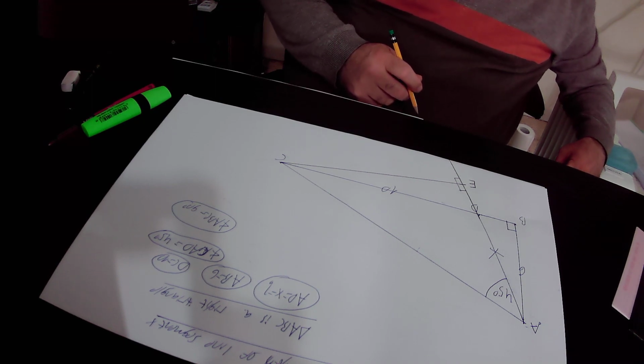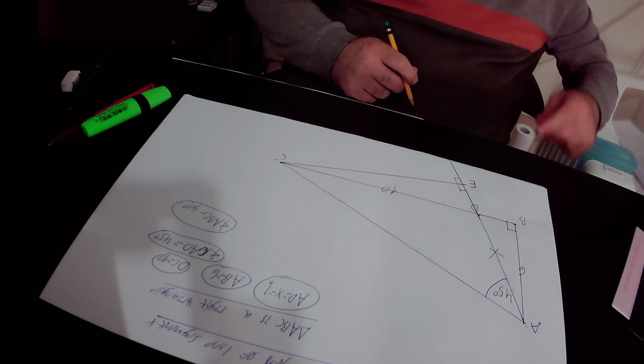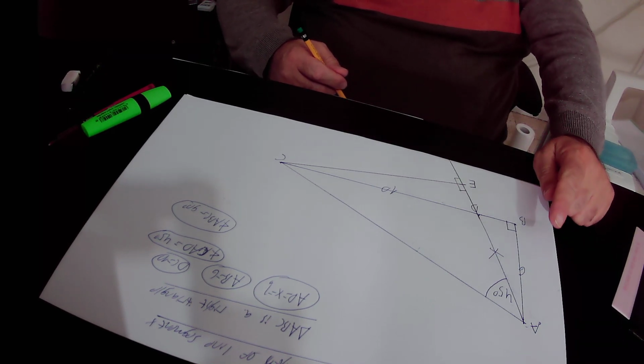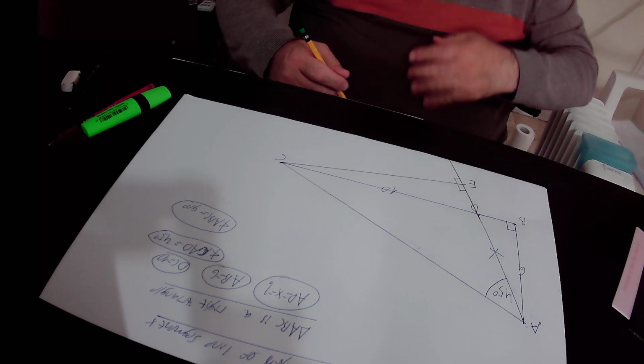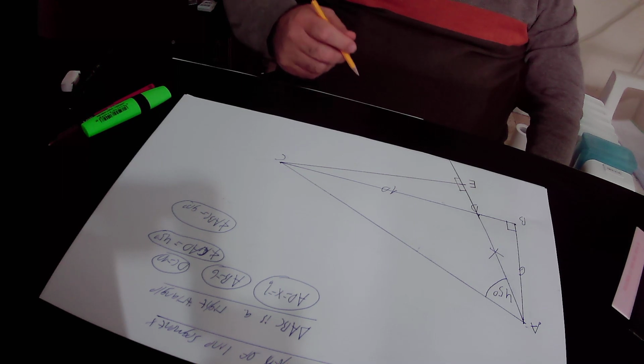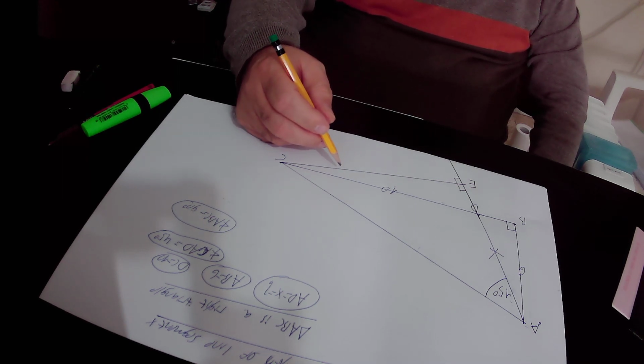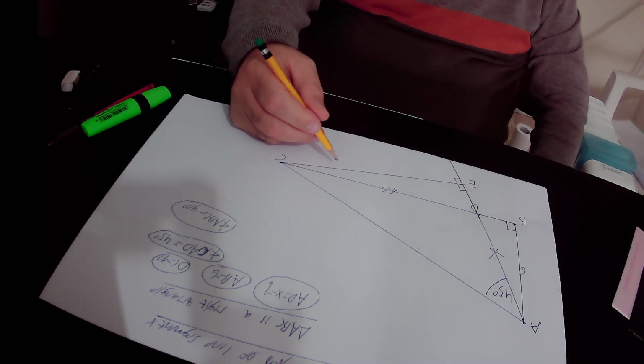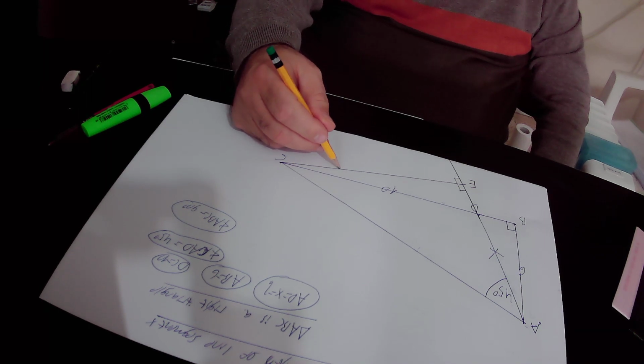And here we created a right triangle, triangle AEC is a right triangle, and we will find out the value of this angle, that is actually angle ACE.